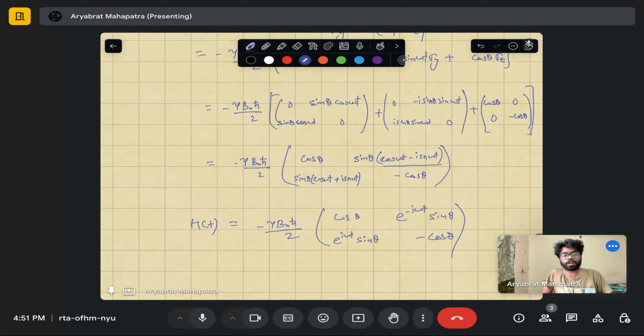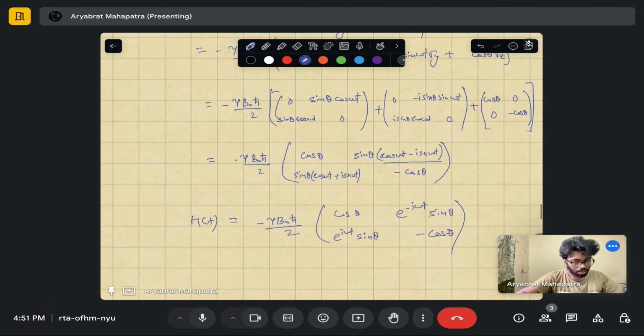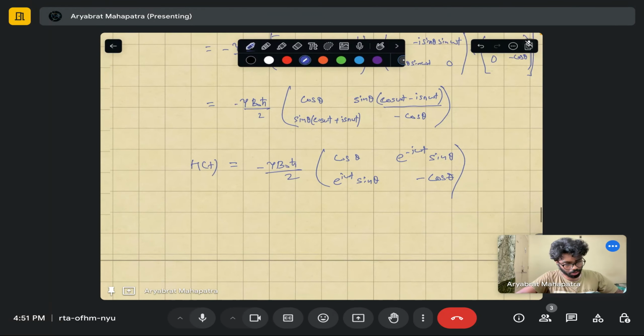When you are trying to evolve the system, you need to go to a different formalism. We adopt a different picture, which we call the interaction picture. So how does that work? You can see here, in this Hamiltonian that we just worked out, H of t is something of this form.